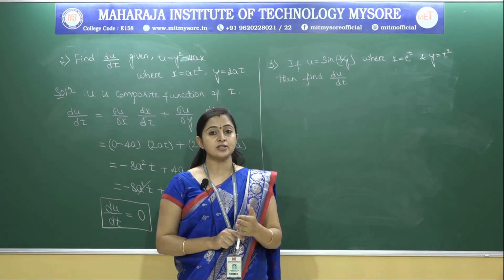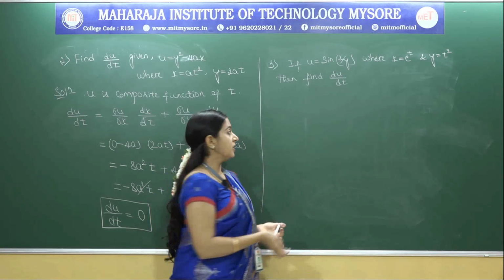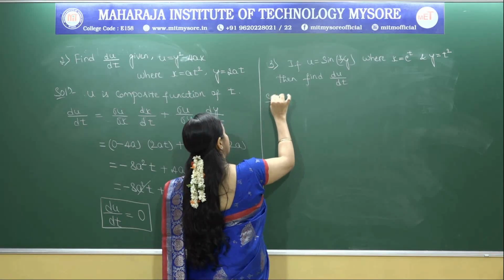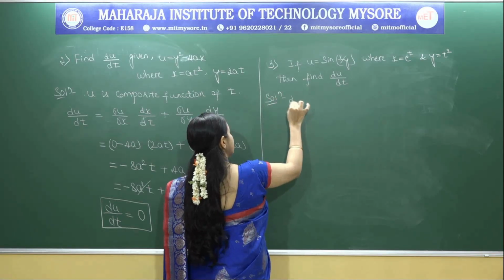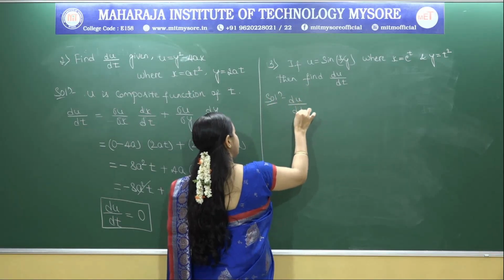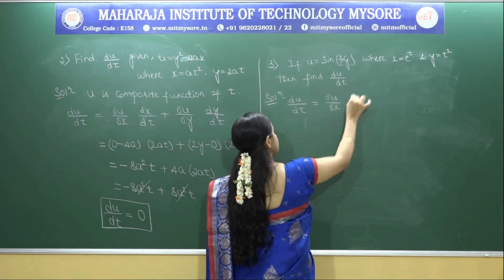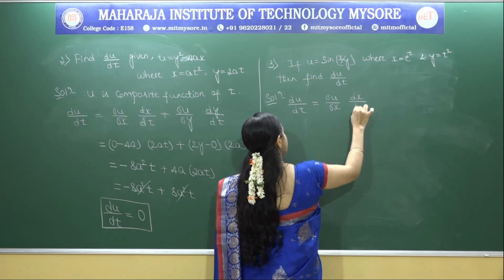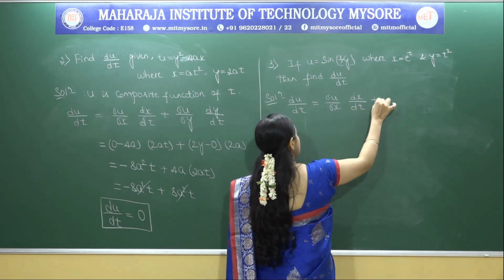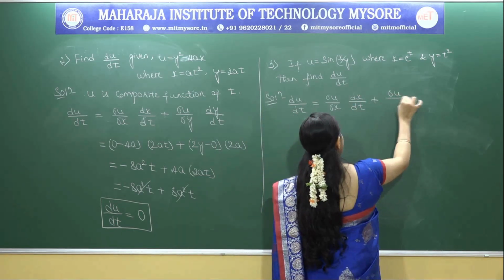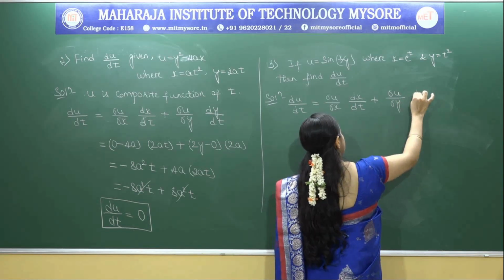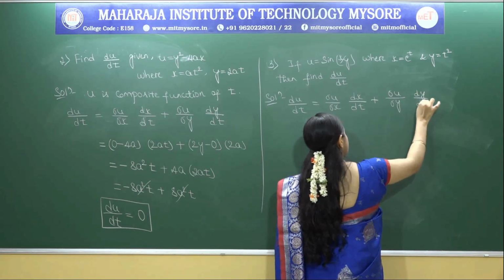So first construct the formula: du divided by dt equals del u divided by del x, dx divided by dt, plus del u divided by del y, dy divided by dt.